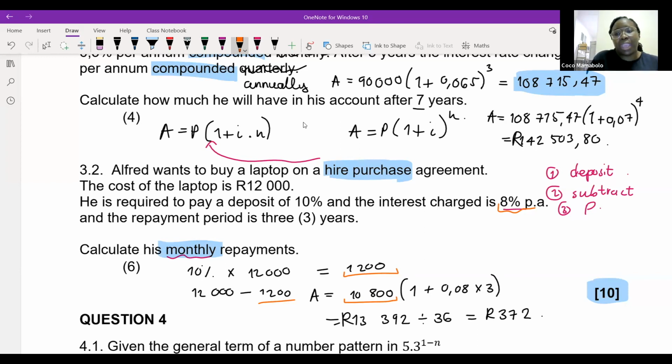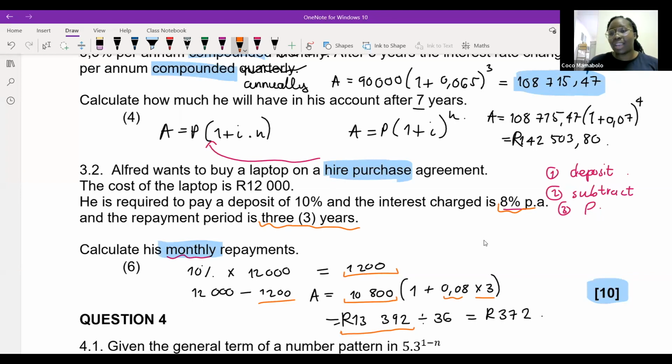And because he'll be paying the loan off in 3 years, we're going to use the simple interest formula, and we're going to use 3 years with 0.08 or 8% as our interest rate, right? And if we put that into the formula, the amount that comes out is 13,392. That's how much he owes the bank.